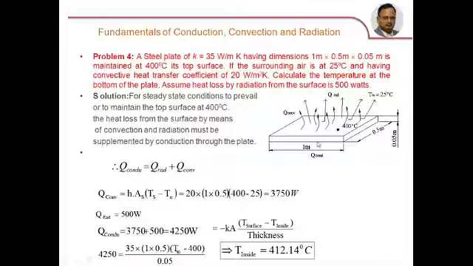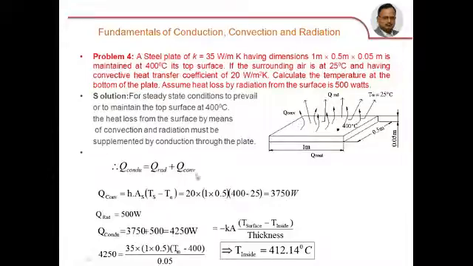So the heat starts flowing from bottom to top through the plate, within the solid, by conduction. The amount of energy that reaches the surface by conduction can enter the environment by two modes. One is by means of convection and the other is by means of radiation.